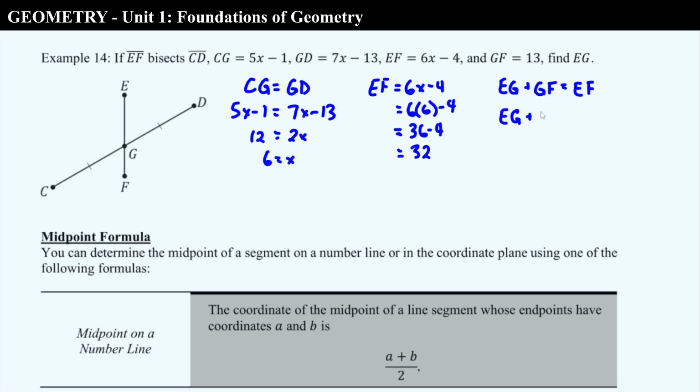GF, we're told, is 13. EF, we just found, is 32. And so we subtract 13 from 32, and we get EG equals 19. So now you're familiar with how the midpoint works and segment addition postulate works. You can find all kinds of things based on the figure that you're given.